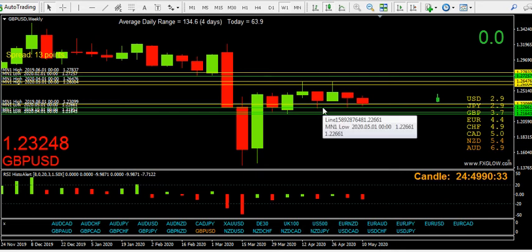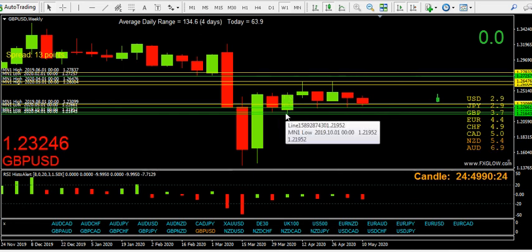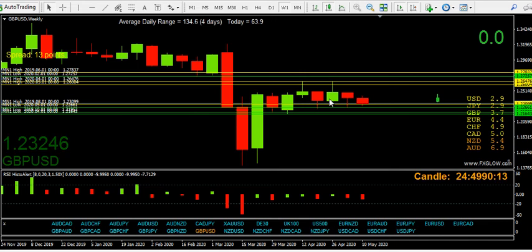We need to break below this green candle here, much the same as the monthly situation. So as such, this becomes a potential target. Anything support wise in the way needs to be closed through as well. So because obviously these will be massive levels on a daily chart.